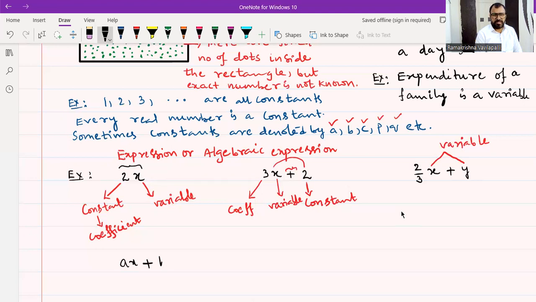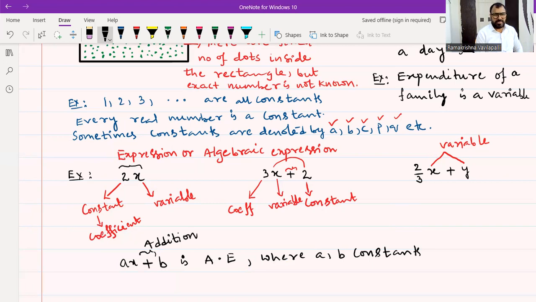So we have done an operation here, addition, and it is an algebraic expression, where a, b are constants. Constants means their values are fixed but may not be known in advance. So this is an algebraic expression. We have done an addition between these two expressions.